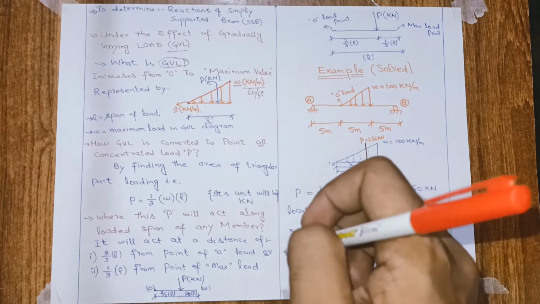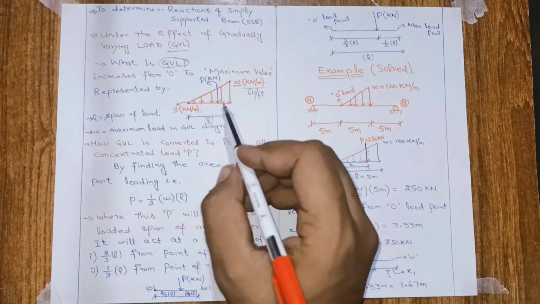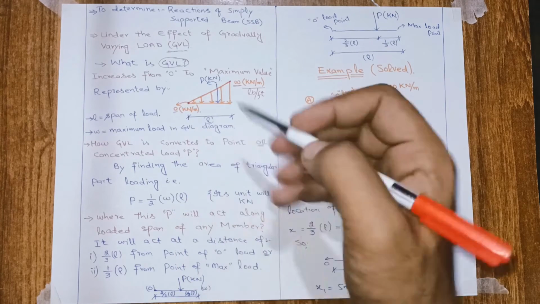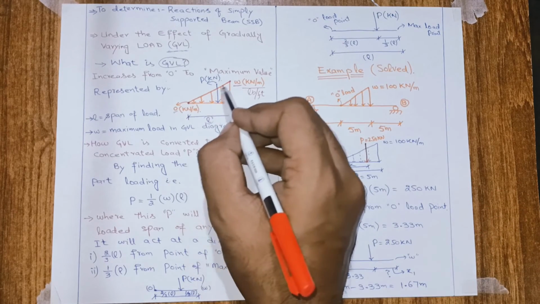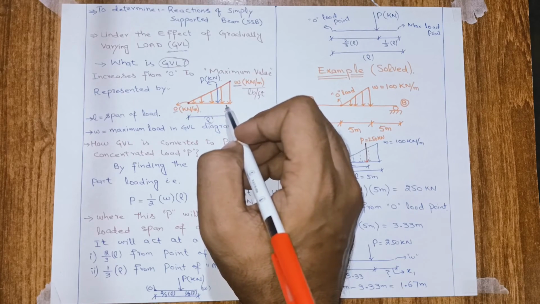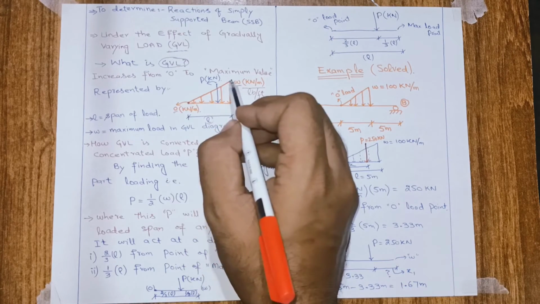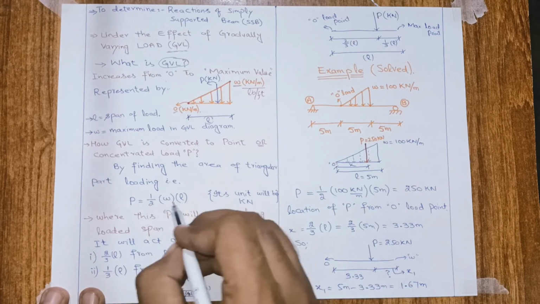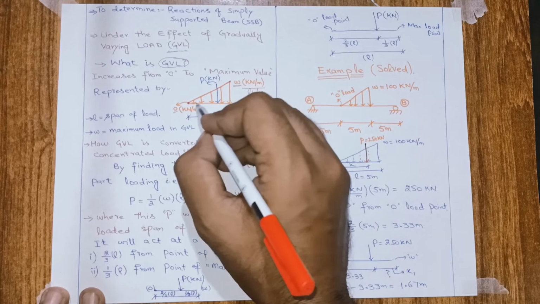Then the next question arises: how will we convert this GVL into a point load? The procedure is simple. As we can see, this GVL is represented by a triangle diagram, so we can calculate the area of this triangle. The area of the triangle is 1/2 of the altitude multiplied by the base.